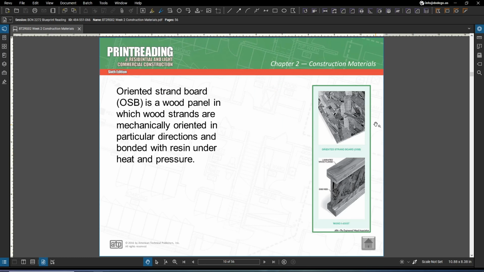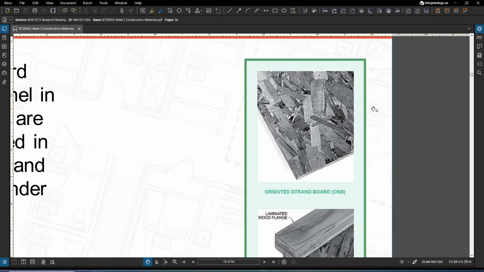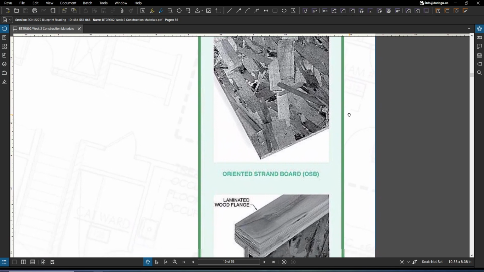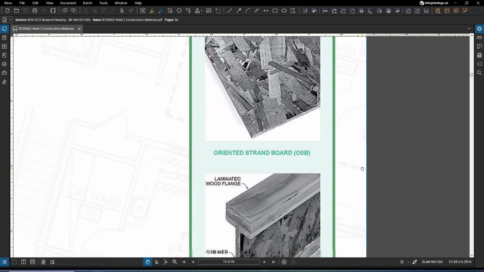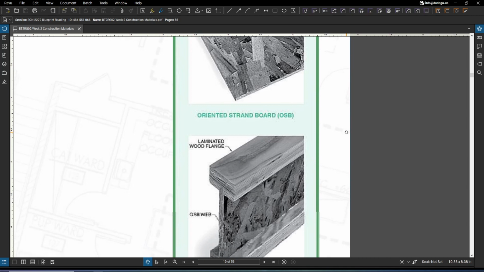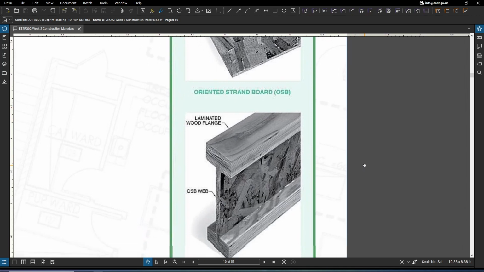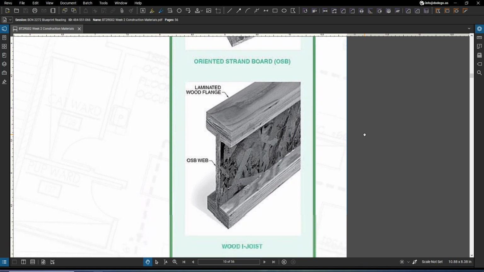Your OSB, or oriented strand board, is going to be a wood panel in which wood strands are mechanically oriented in a particular direction, and those are going to be bonded with resin under heat and pressure.